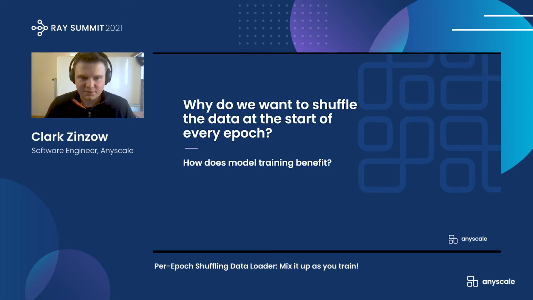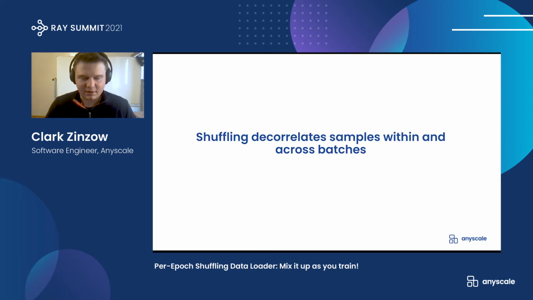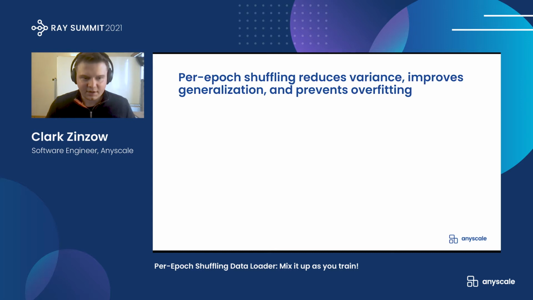Well, at a high level, shuffling decorrelates samples within and across batches. And this is both true when shuffling data before starting a training run, like doing a single global shuffle to decorrelate all of your samples, and this also stays true when talking about batches across epochs. Specifically for the per-epoch shuffling case, per-epoch shuffling reduces variance, improves generalization, and prevents overfitting.